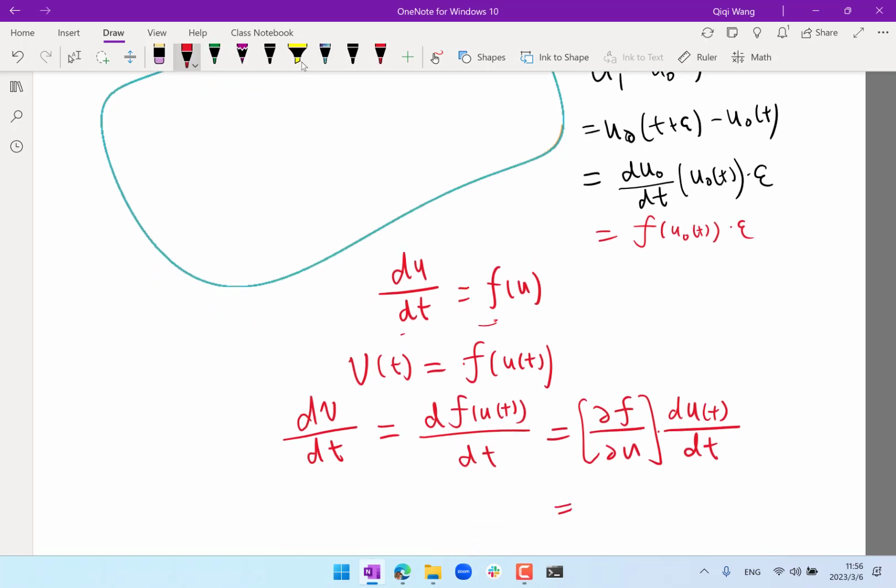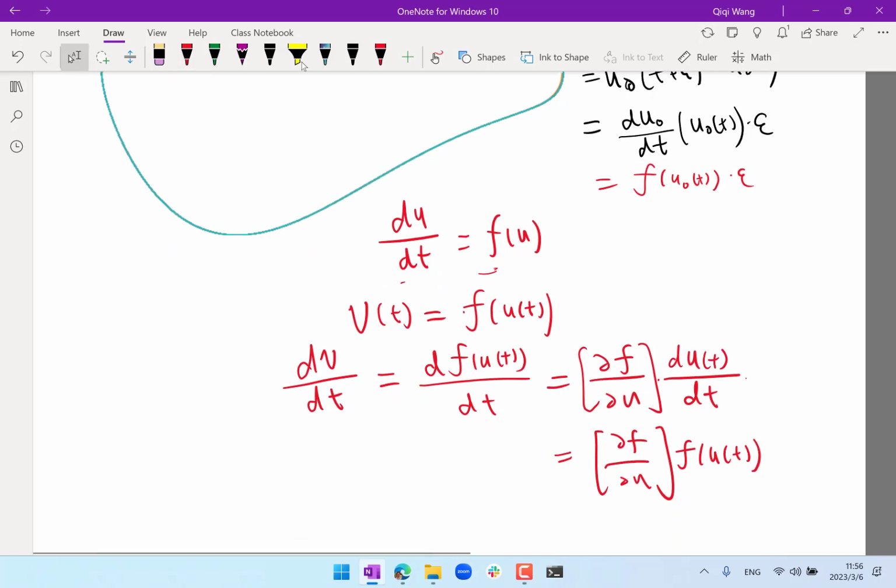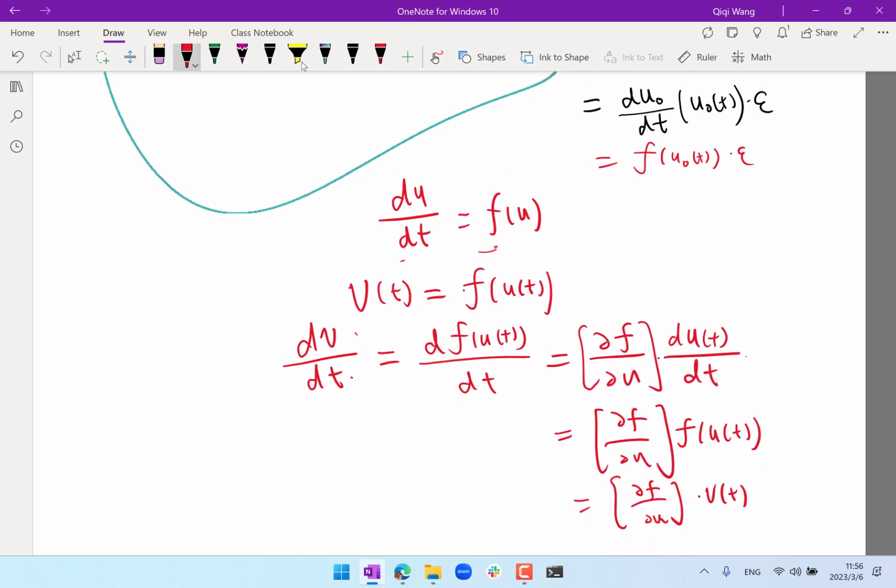And du/dt, by the differential equation, is just f of u. And what is f of u? It is just v(t). So this is df/du times v(t). That proves that dv/dt is equal to the Jacobian times v(t), so v(t) actually satisfies the tangent equation.